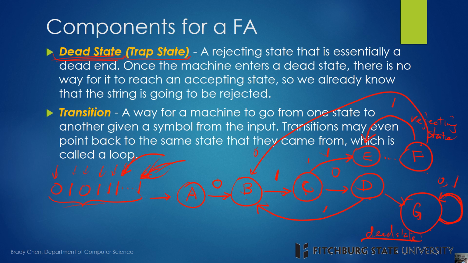The other component is called transition. It's a way for a machine to go from one state to another given a symbol from the input. Transition is defined just like a function.